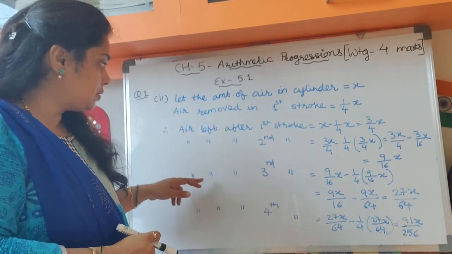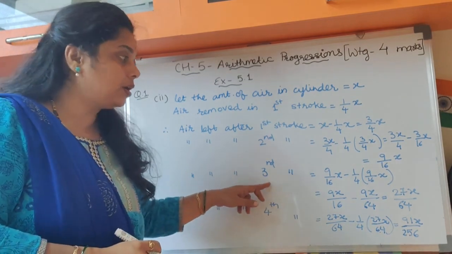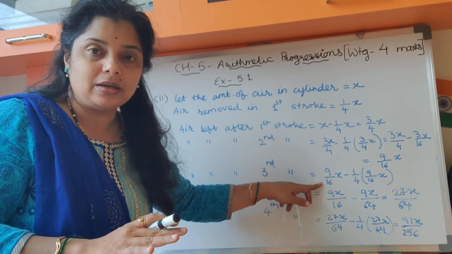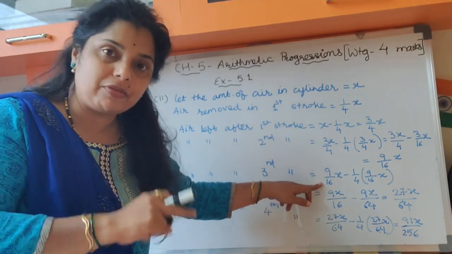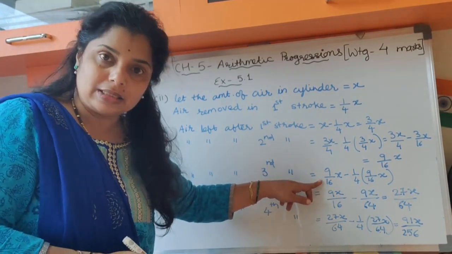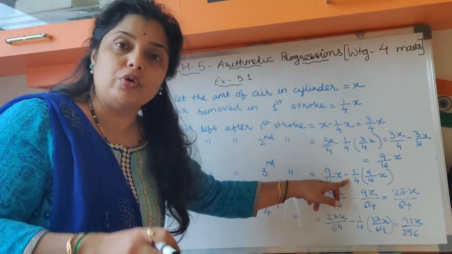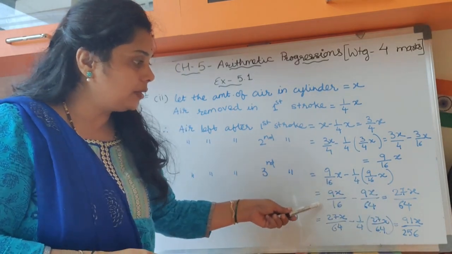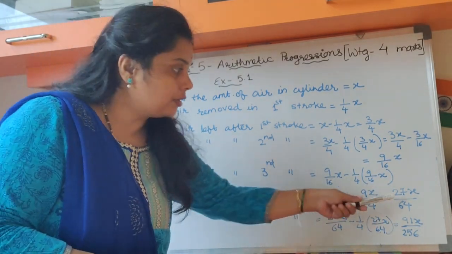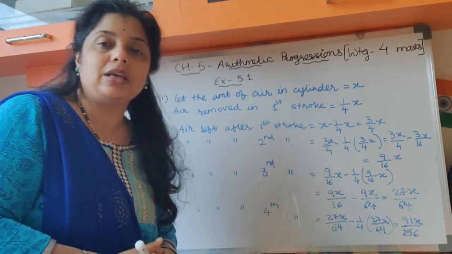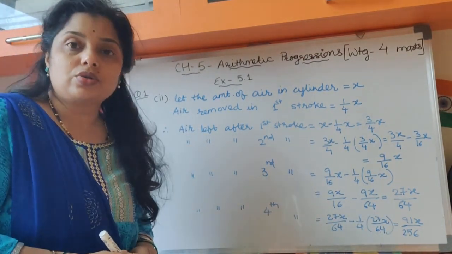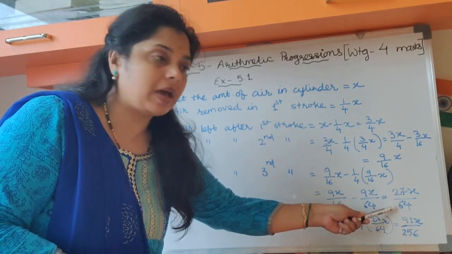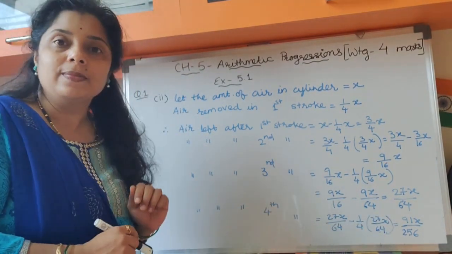Now the air left after the third stroke: 9/16x is available in the cylinder and from it 1/4 of it is subtracted. So 9/16x minus 1/4 of 9/16x. After again taking LCM, the final is 27x/64 after the third stroke. This value is remaining in the cylinder. The volume of air remaining in the cylinder after the third stroke.